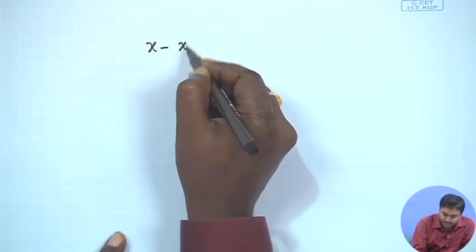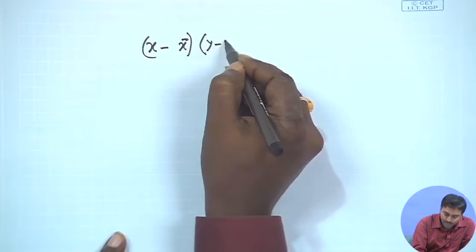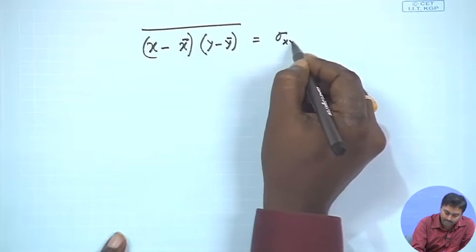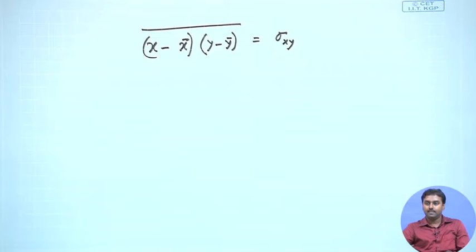Now, from there a new thing comes into picture. What we do is something like this: that particular thing we have got, (x minus x bar) into (y minus y bar), we define that as the correlation between two variables x and y. So, we can immediately see if they are independent, sigma xy will be 0, we call that then x and y are uncorrelated.